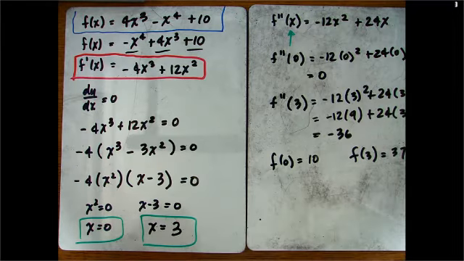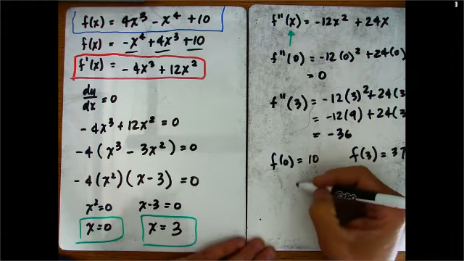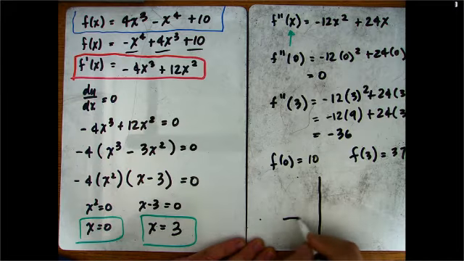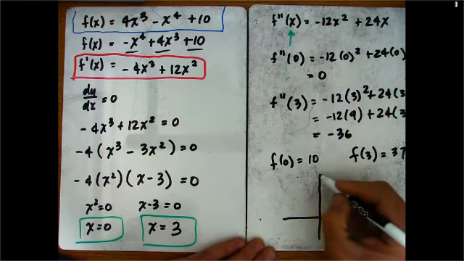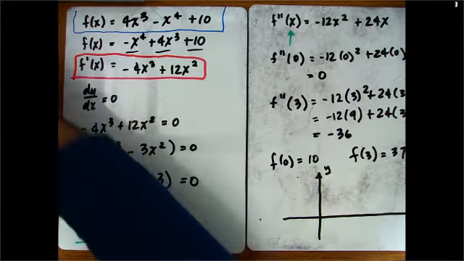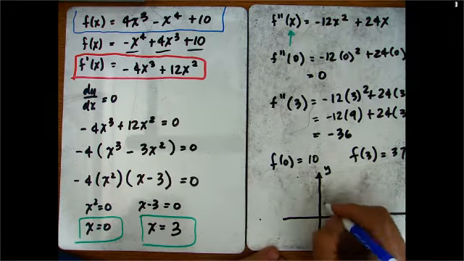So we've got some information now about the graph. We should be able to get a rough intuitive sketch of what the function looks like. I'm running out of room, so I'll try it here. Let's take a look at what we think this function might be. Here would be y, here would be x. Right away, we know that the function passes through (0, 10) and (3, 37).